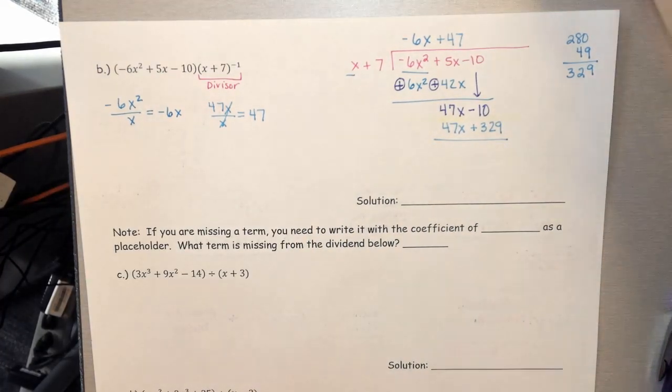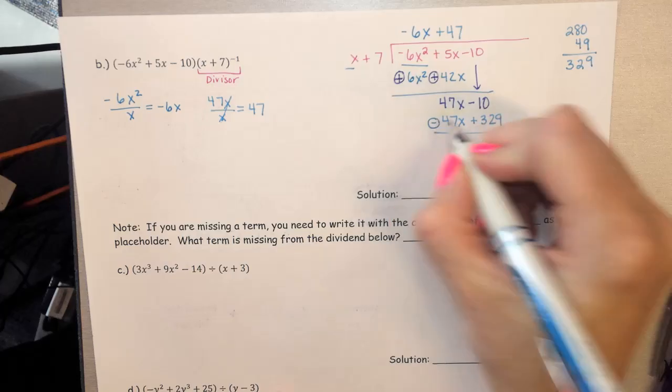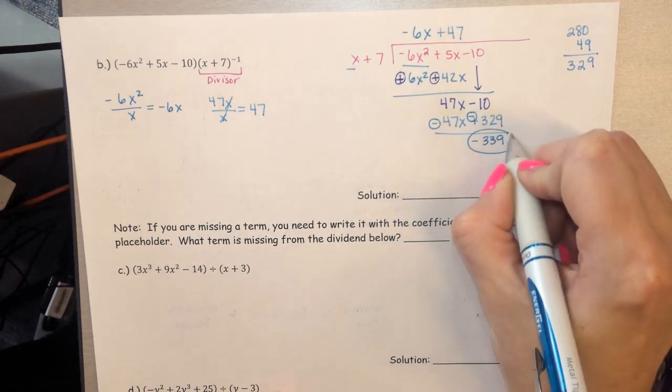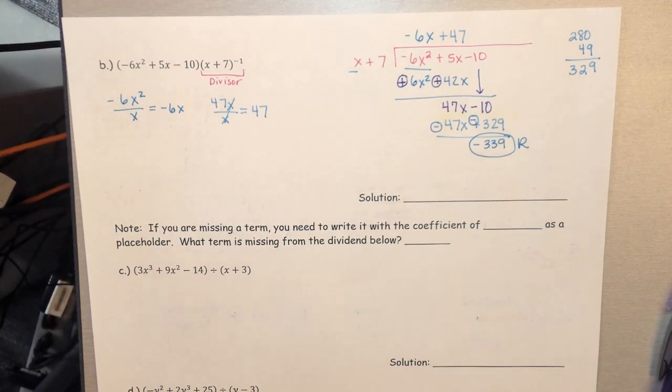And then we're going to distribute. So I have a negative here. I have a negative here. Okay, which means I'm going to have a remainder.